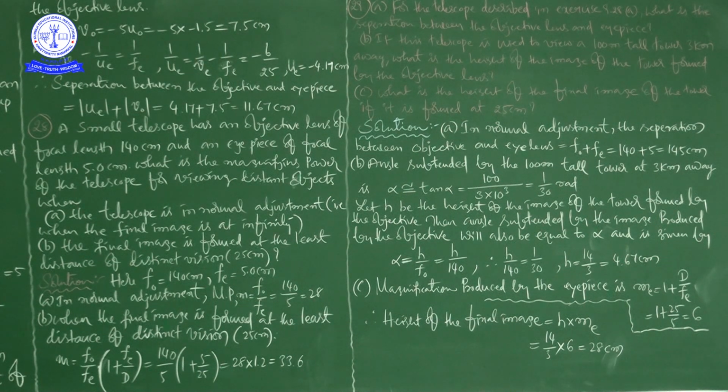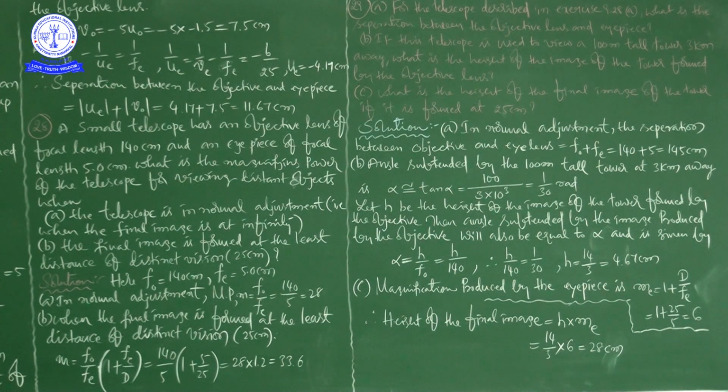So 3 kilometers means 3000 meters, 3 into 10 power 3, and the height is also in meters. By doing this calculation, you will get 1 by 30 radians. Two zeros get cancelled, and the resultant is 1 by 30 radians.